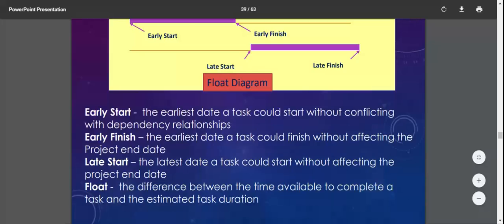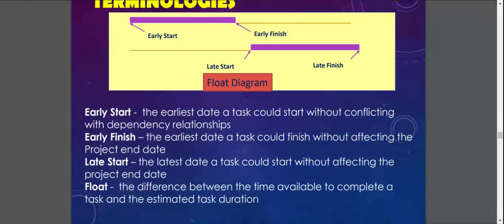Early start is the earliest date a task could start without conflicting with dependency relationships, while early finish is the earliest date a task could finish without affecting the project end date, and late start is the latest date a task could start without affecting the project end date, while float is the difference between the time available to complete a task and the estimated task duration.